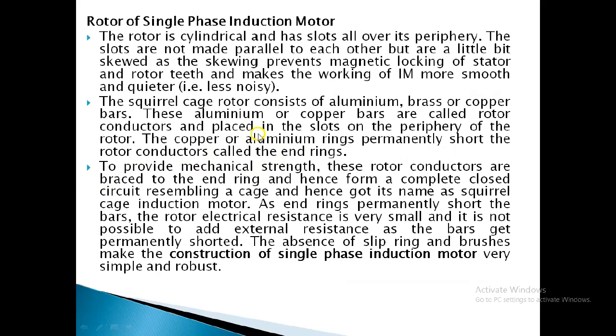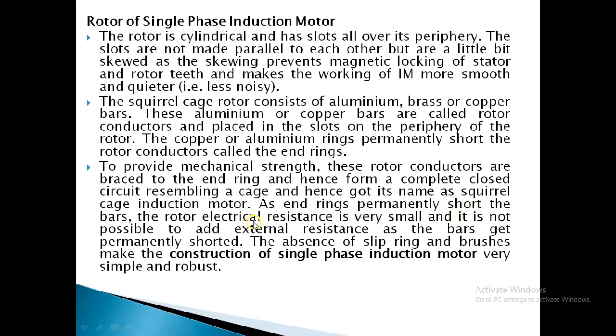Then the copper and aluminum rings that permanently short the rotor conductors are called the end rings. To provide mechanical strength, these rotor conductors are brazed to the end rings and hence form a complete closed circuit, resembling a cage, and hence it got its name squirrel cage induction motor.